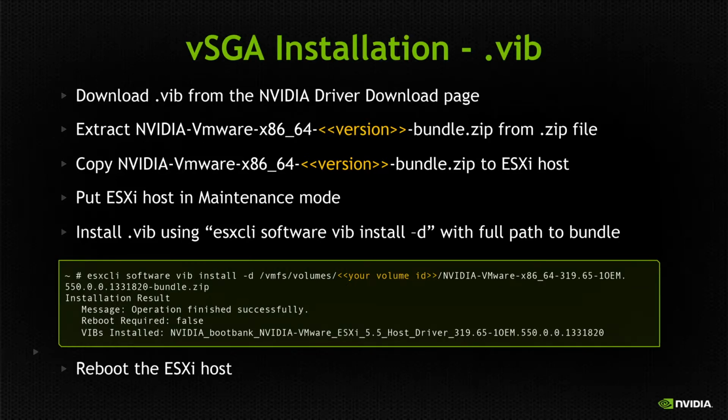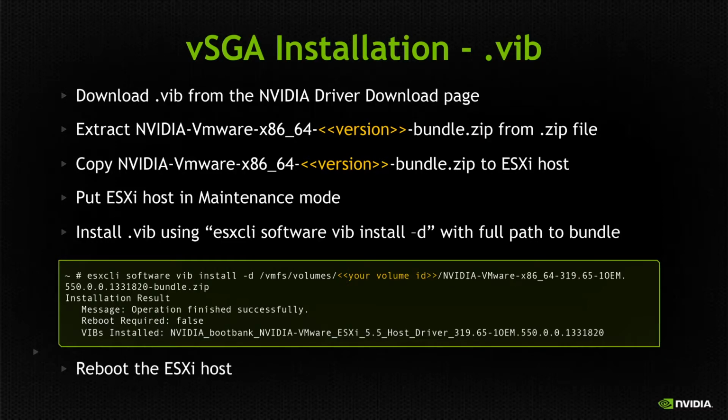That's as simple as downloading the VIB from our NVIDIA driver download page, extracting the NVIDIA VMware x86-64 bundle zip file from the download, and copying that to the ESX host.